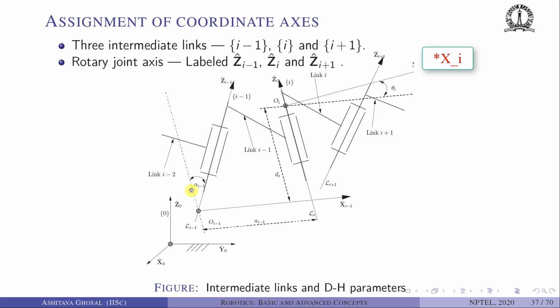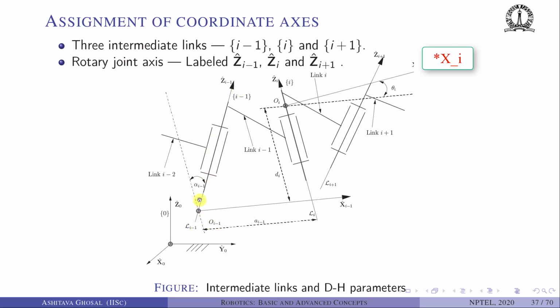This angle is alpha I-1 as shown here in this figure. Then the distance along this common perpendicular between Zi-1 and Zi is AI-1. And the foot of this common perpendicular intersects this joint axis at some point. That is the origin of the I-1 coordinate system.